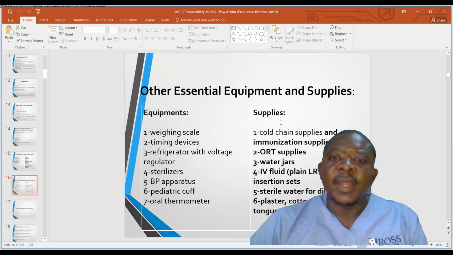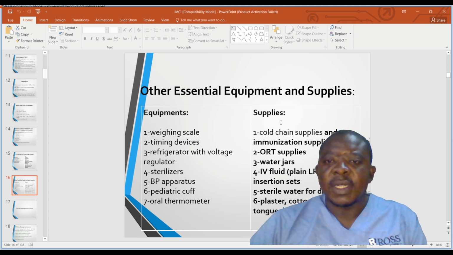You can also have oral rehydration therapy supplies, water jars, IV fluids like Ringer's lactate, and the insertion sets needed for cannulating the babies. Then sterile water for dilution, plaster, cotton swabs, and tongue depressor.